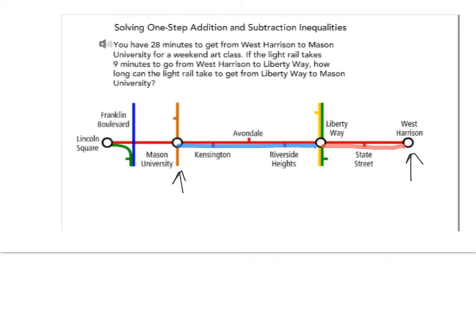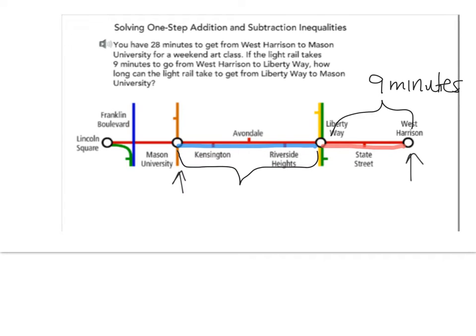So, let's go through this one more time. To get from West Harrison to Liberty Way, it took 9 minutes. And to get from Liberty Way to Mason University, we don't know.